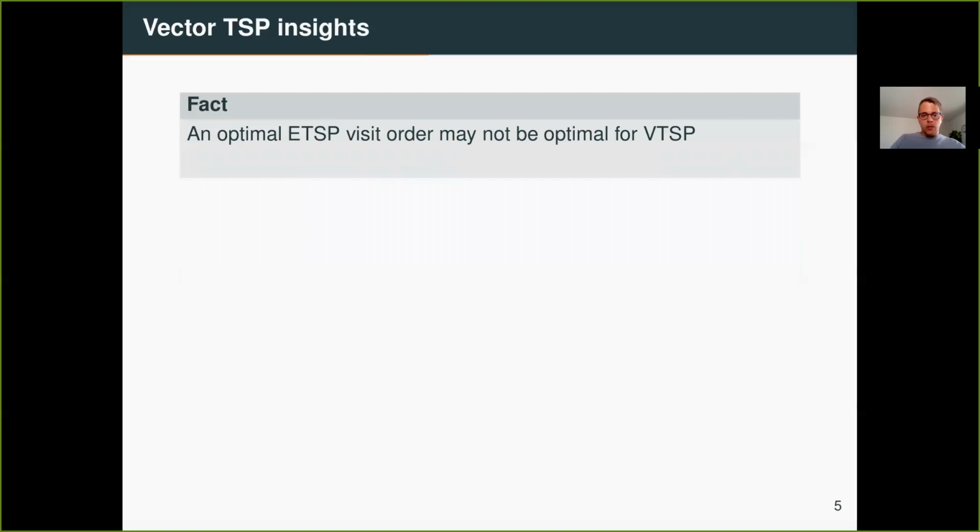So let's go on with some minor results, I would say, from our paper. Maybe you might say some insights. The first one is that an optimal Euclidean TSP visit order, if you can compute it, which is already hard, of course, may not be optimal, in fact, for the VectorTSP problem.